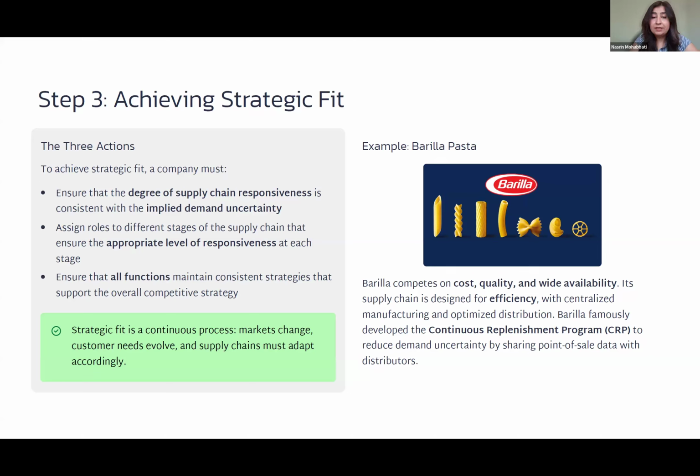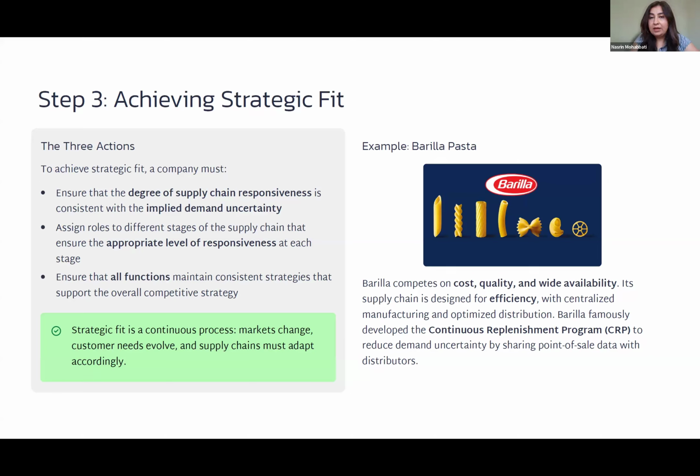So strategic fit is a continuous process, meaning that we cannot just say we achieved the strategic fit and we are done. We're going to continue reviewing and revising all the business strategies and changes in the market. Are we switching things? Are we changing things? And then continuously observe what's going on in terms of customer value, in terms of uncertainty, and adjust the entire system as needed.